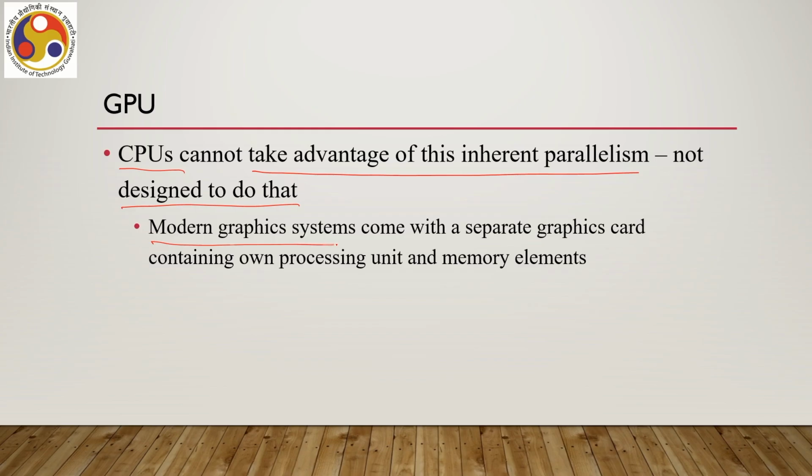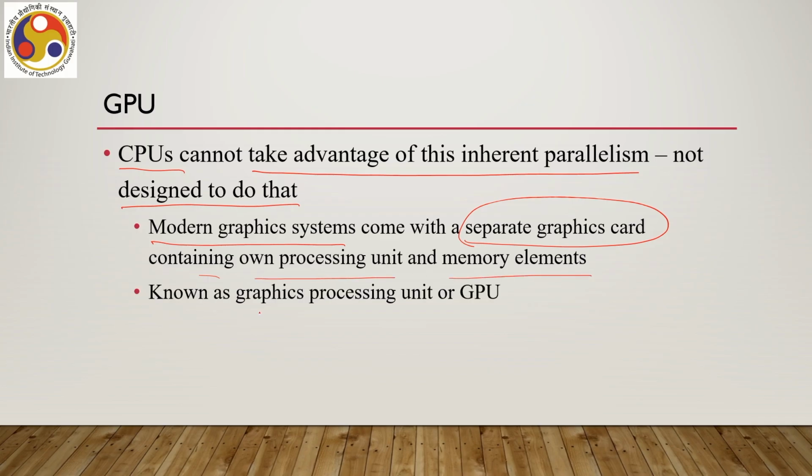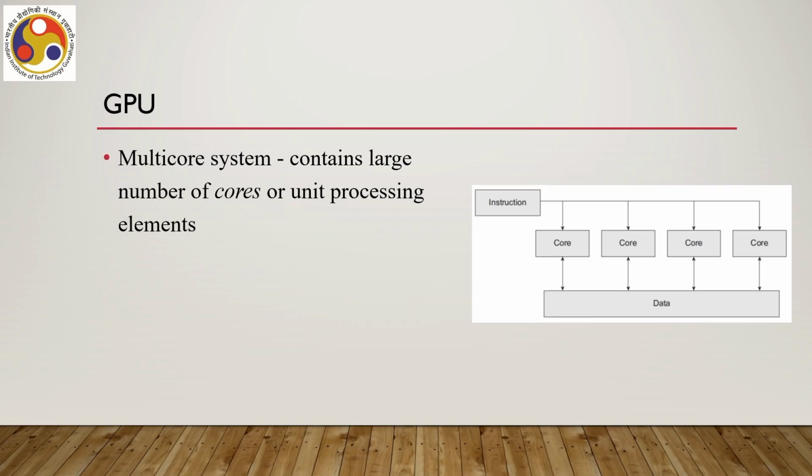So, modern graphics systems come with a separate graphics card, as we have already discussed earlier, containing their own processing unit and memory elements, and this processing unit is called graphics processing unit or GPU, which is designed to deal with the inherent parallelism in graphics operations.